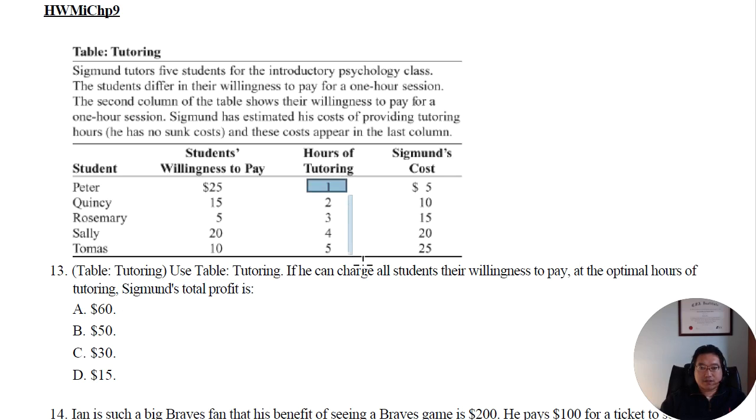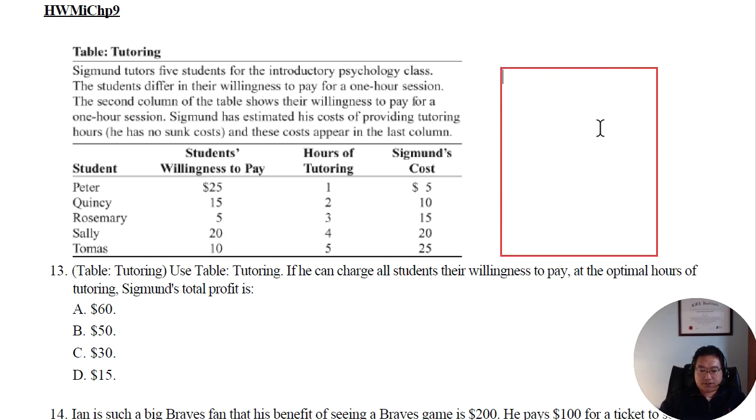Because Sigmund has a choice on the quantity that he will supply to the market, right? So we are basically facing a how much question. For that, we have to calculate the marginal benefit and the marginal cost. The marginal benefit here comes from different students.